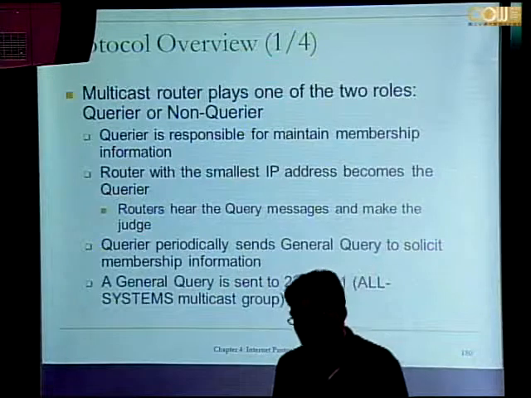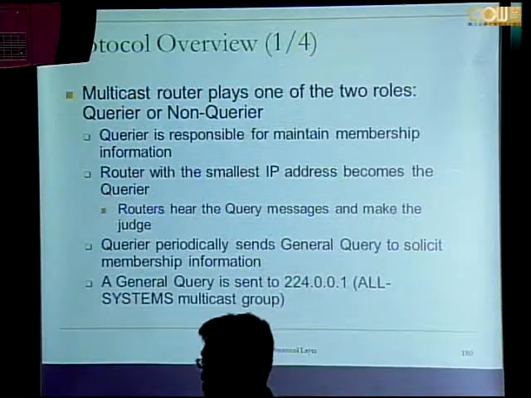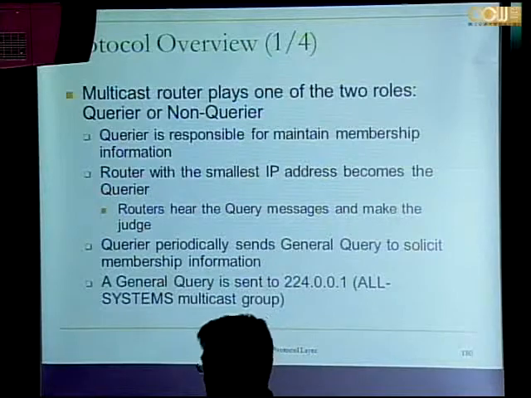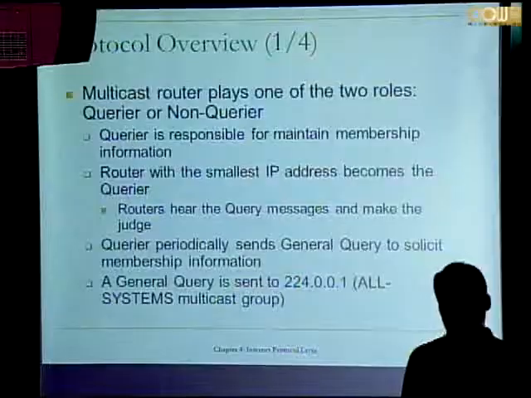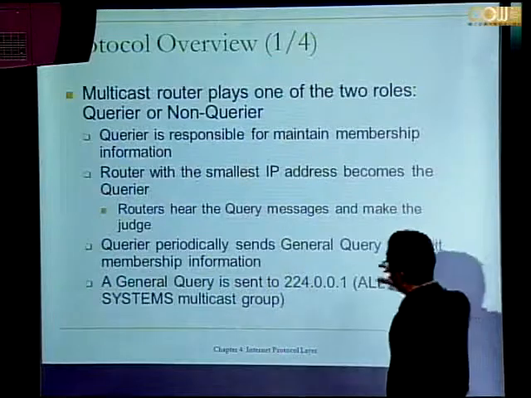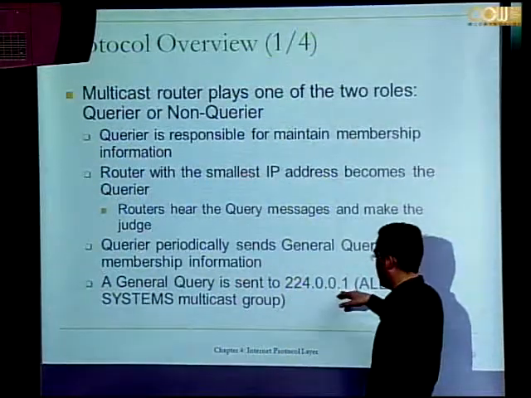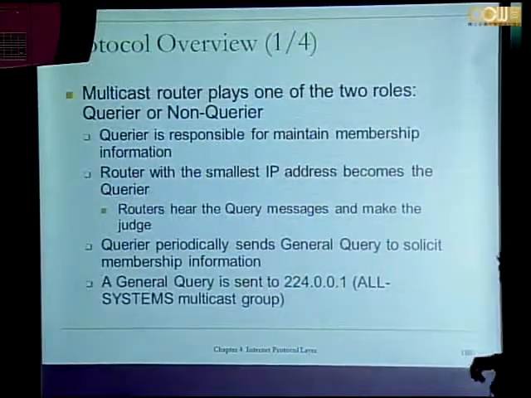So this query will be broadcast at the link layer with the destination MAC address filled with all ones, so that all hosts on this subnet will get this query. And at the IP layer, this query message would have a destination IP address of this, an IP multicast address, a Class D address.